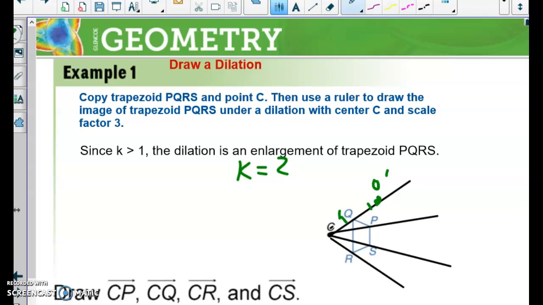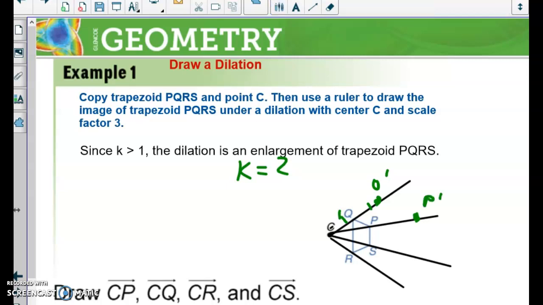So the total from this starting point C out to Q prime is 2. But that doesn't change the fact that Q to Q prime is still 1. This distance from C to P is significantly larger than C to Q, but we would double that distance to put it out here. And there's your P prime.